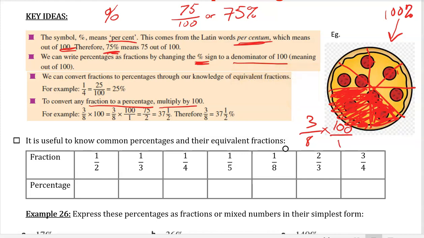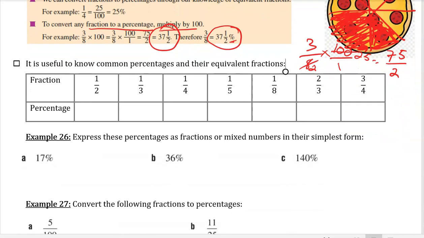So can we do any canceling out? Yes, we can. So that's divisible by 4, leaving us 2. That's divisible by 4, leaving us 25, which equals 75 over 2, which gives us, I'll show you over here, it's a little clearer, 37.5, but don't forget that now because we multiplied by 100, it's 37.5%.